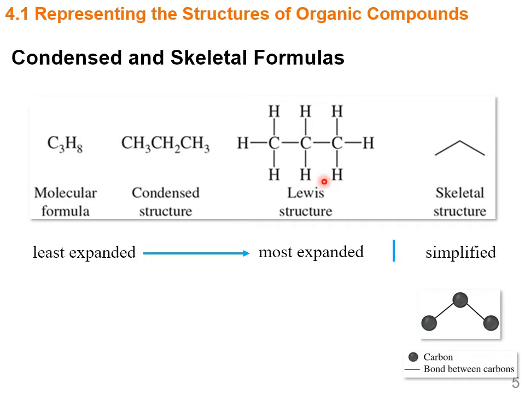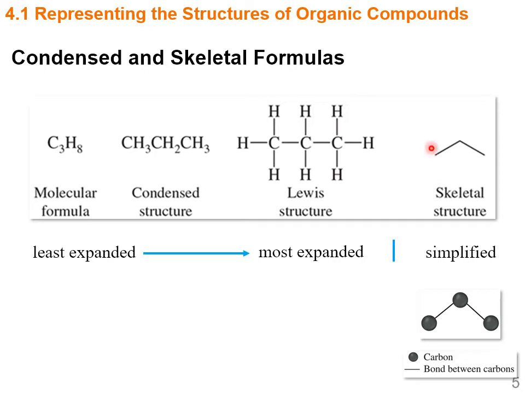You can condense the Lewis structure, we call it the condensed structure actually, into each carbon atom and whatever is bonded to it written on the right side of it. So this CH3 indicates this CH3. The CH2 indicates this CH2. You can also simplify Lewis structures. We call them skeletal structures.